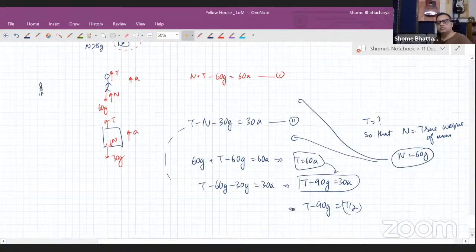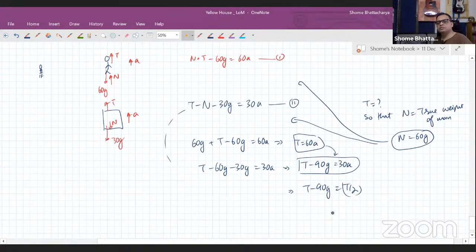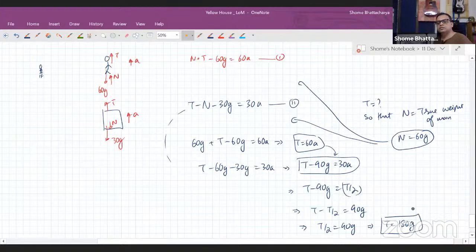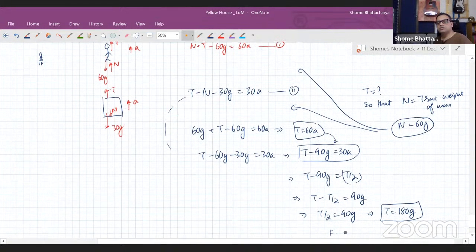So T minus T by 2 should be 90 G. That means T by 2 should be 90 G, or T should be 180 G. So the force he should apply, which is equal to the tension, should be 180 G. Or if you take G as 10 meters per second square, it should be 1800 newtons. Okay, so this is the complete solution of the second part.